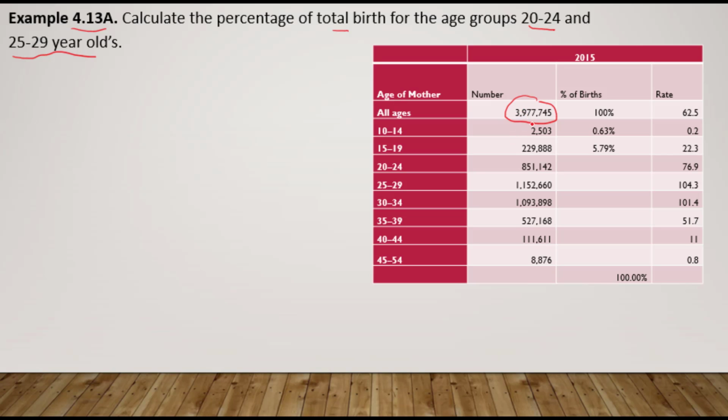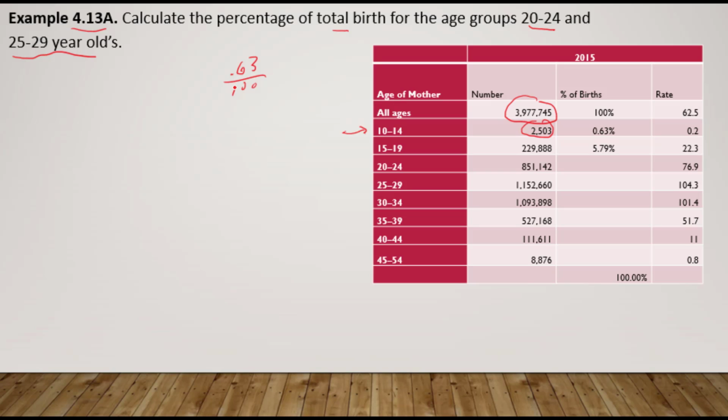Of those total births, this many births could be attributed to women, or actually girls, 10 to 14. That made up 0.63% of the total births. So 0.63% is 0.63 over 100, right?